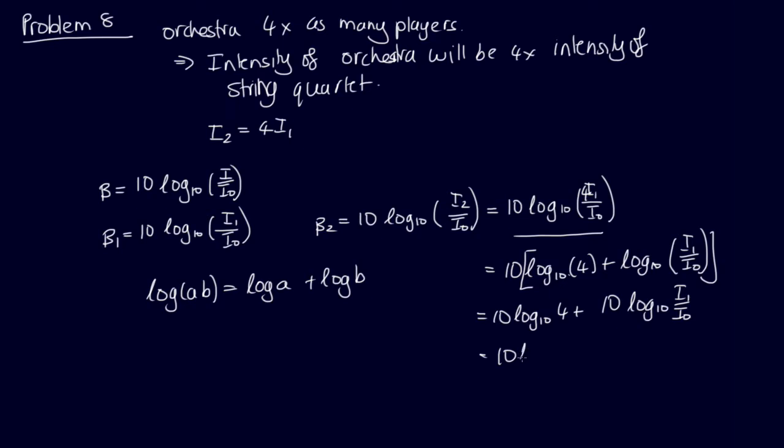So this is equal to 10 log to the base 10 of 4 plus beta 1. And so we can evaluate this. We can just put it into the calculator and we end up with 6.0 plus beta 1. So this tells us that the sound level, beta 2, is 6 more than the sound level for beta 1. So the answer to the question is 6.0 decibels.